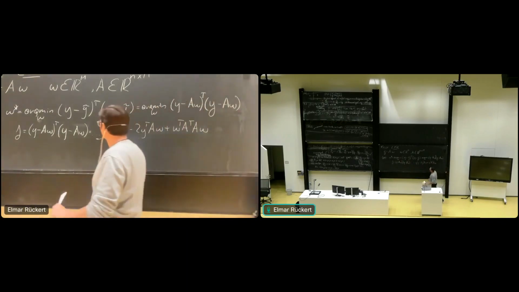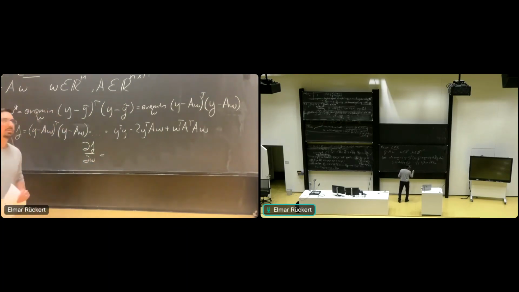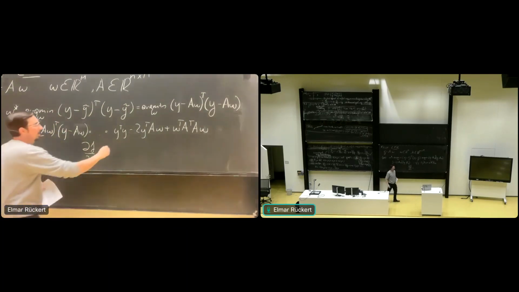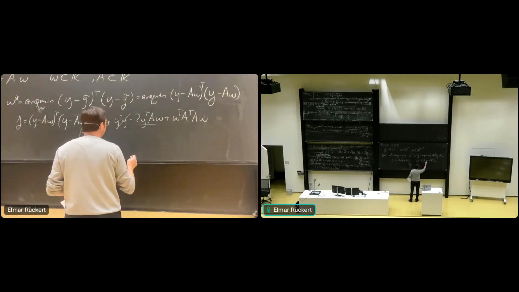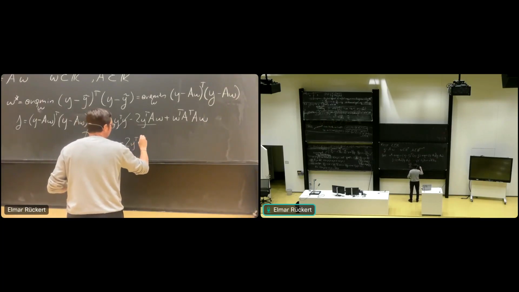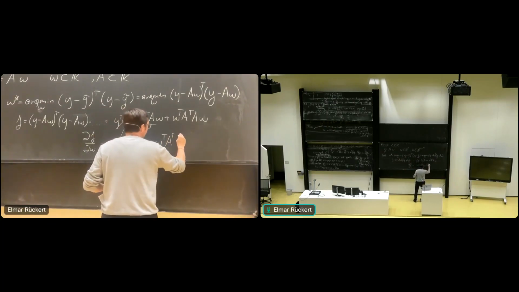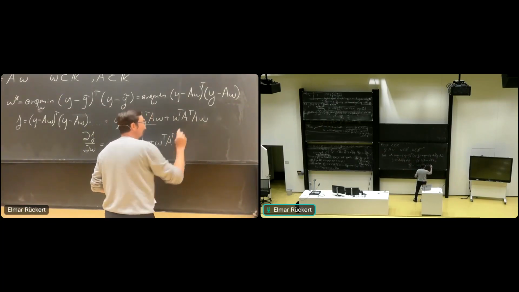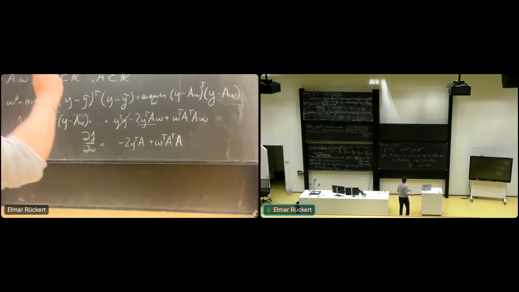And then we said, okay, let's compute the derivative of this objective with respect to our W parameters. This term cancels. This term has W here, which drops out. So we have minus 2 times y transpose A plus W transpose A, because this is the quadratic term, and the derivative of x squared is 2 times x. 2 is missing, yeah?